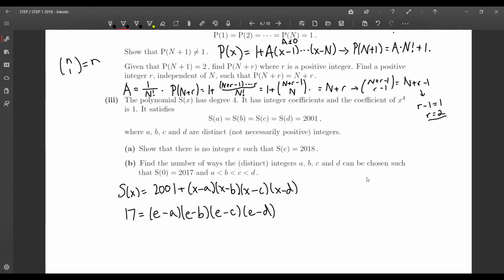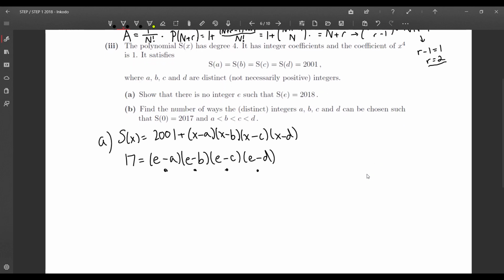Now, I would assume that it has to do with 17 being prime. Because these are all going to be integers, and they're all distinct, so you can't have 4 distinct integers that multiply to 17, because the best you could have for distinct integers is like 17 times 1.